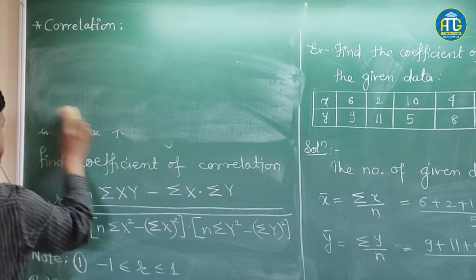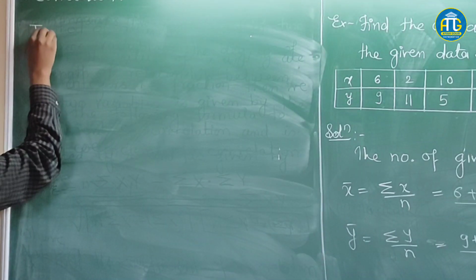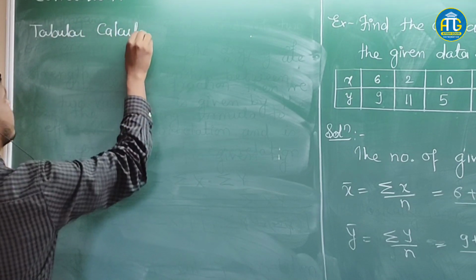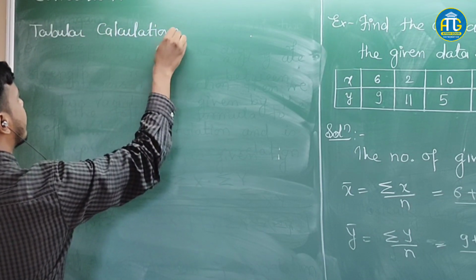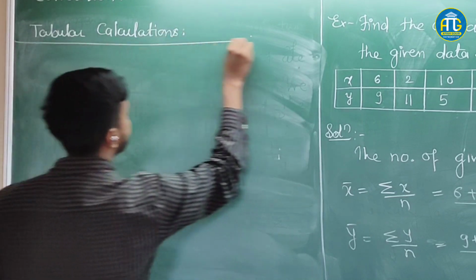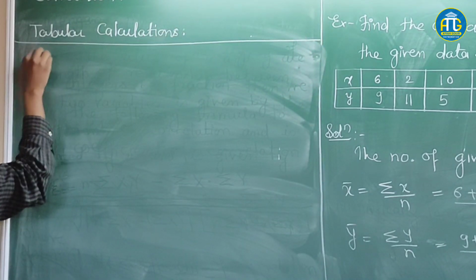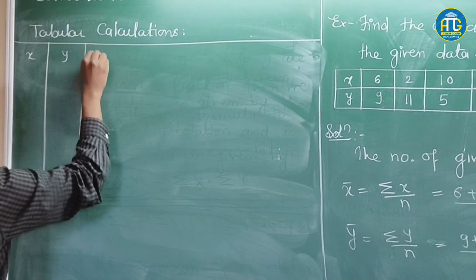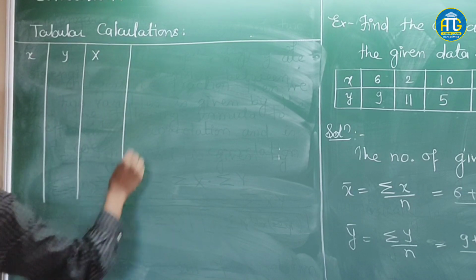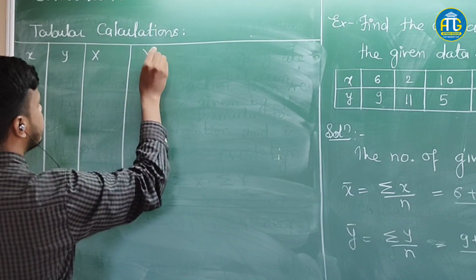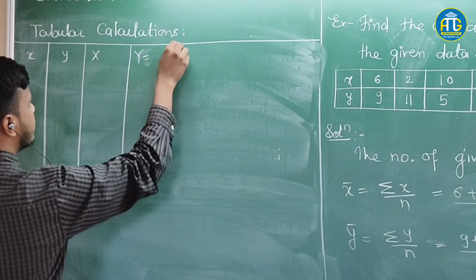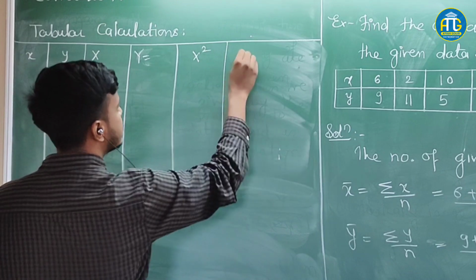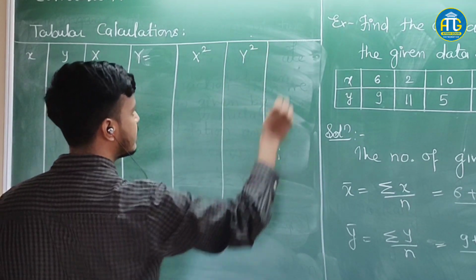For that, we will do the calculations. Let us draw a table first. In the tabular calculations, the first column would be x, the second y, the third capital X, next capital Y, then X square, then Y square, and at last XY.